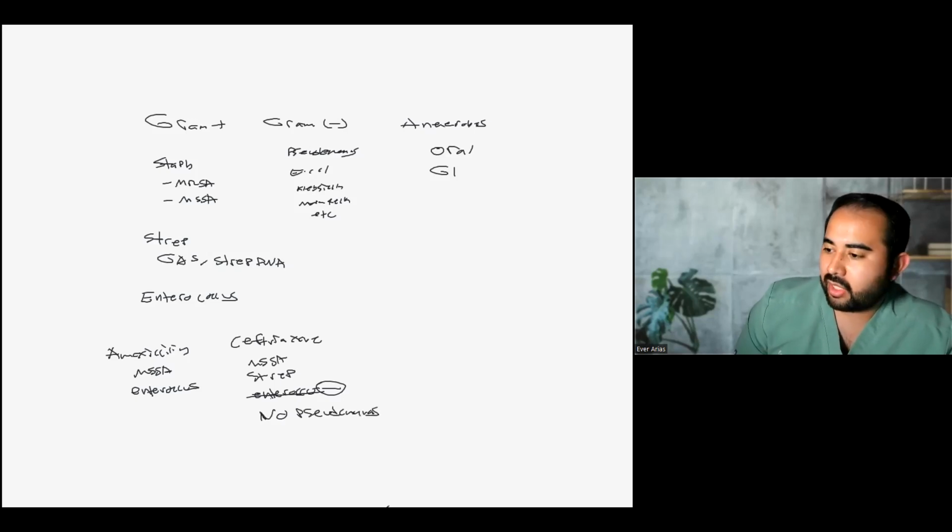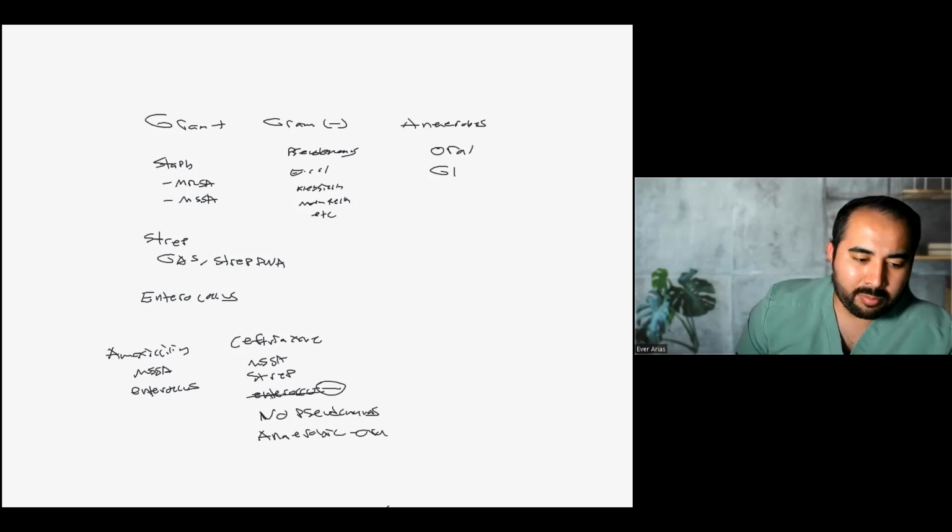Okay. And then I'm just looking at my notes, making sure I'm not forgetting anything specific. But yeah, it doesn't cover Pseudomonas. It does have some anaerobic coverage, oral. But that's typically not classically what we use for anaerobic coverage, especially for someone who's pretty septic.